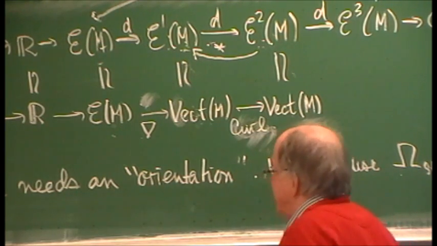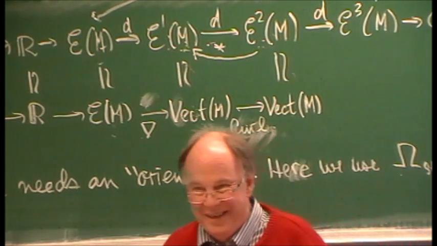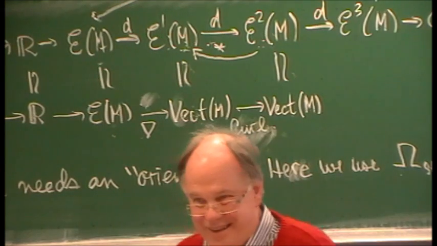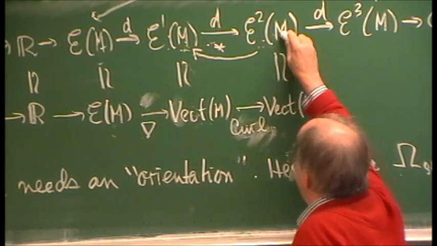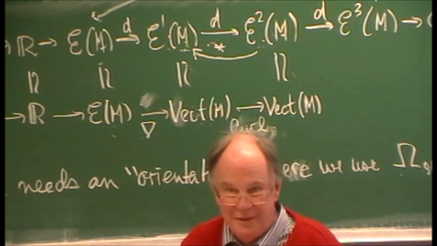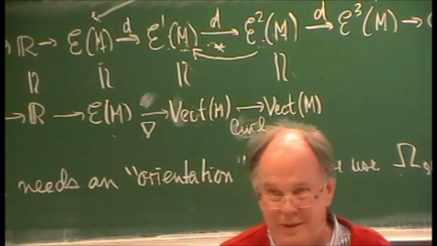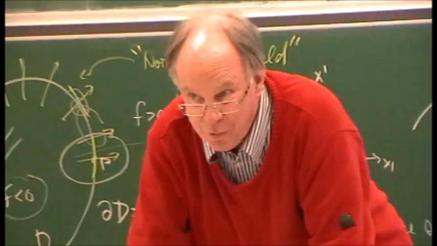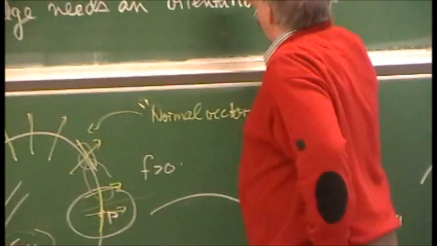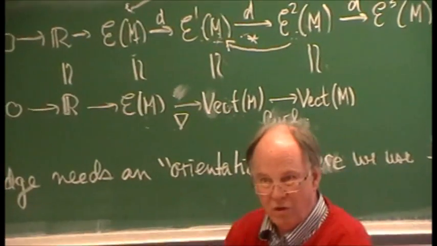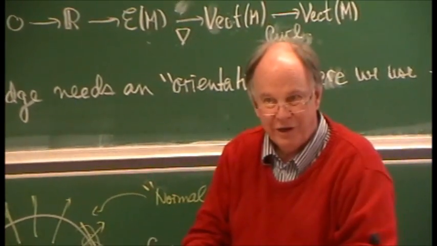But how could you know that curl is also an isomorphism? I have not said it's an isomorphism. If you want to say I've defined another isomorphism from vector fields to two forms. Again, this is important. The first isomorphism, any stupid person can make this. It's just a one form, you write it down, take the coefficients, you get a vector field.